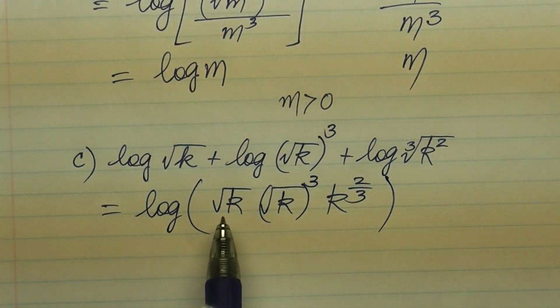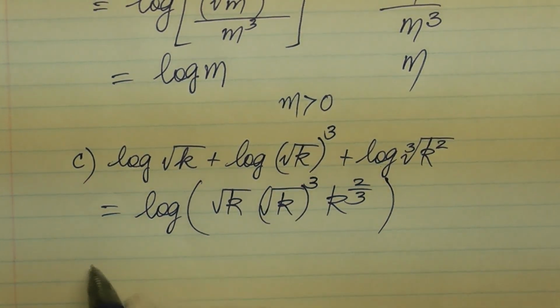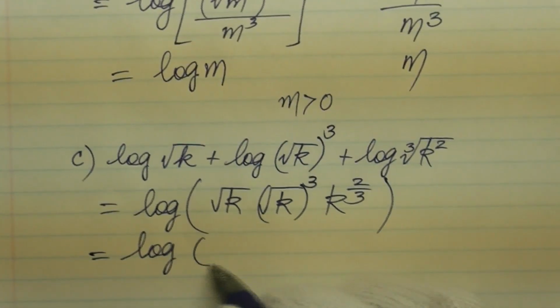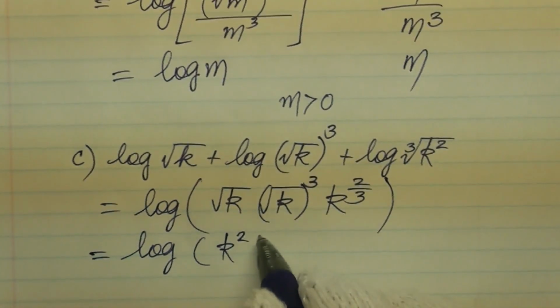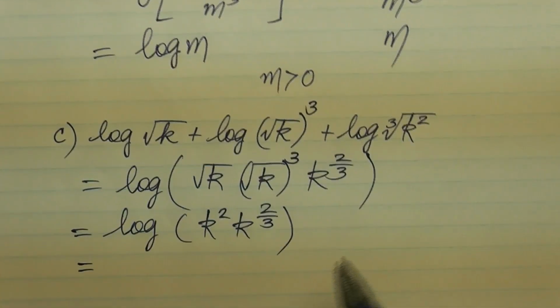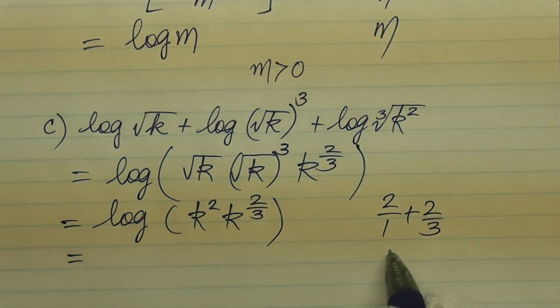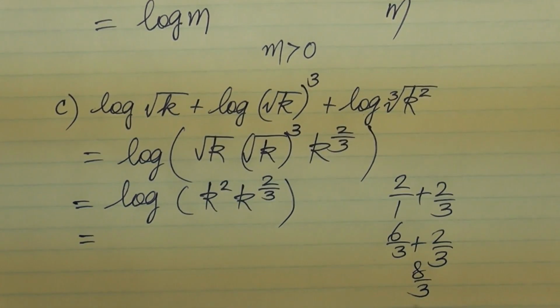The square root of k times the square root of k to the 3 will give us the square root of k to the 4, which would wind up giving us k squared, k to the 2 over 3. So if you think about it, 2 over 1 plus 2 over 3 is the same as 6 over 3 plus 2 over 3, which is going to give us 8 over 3.